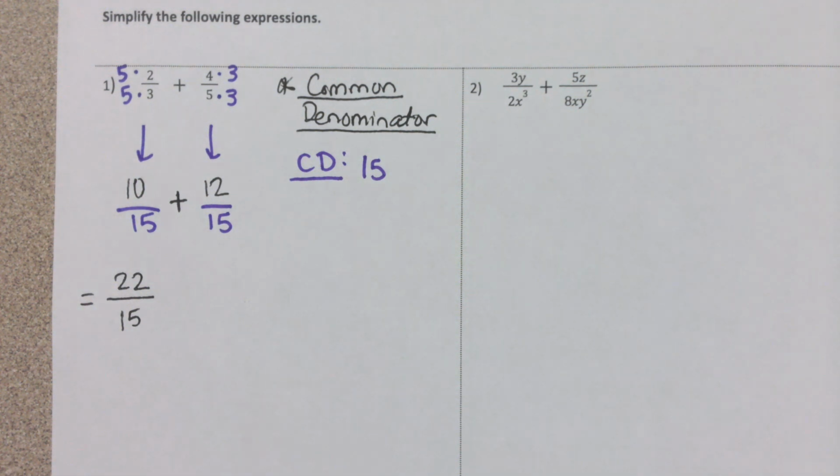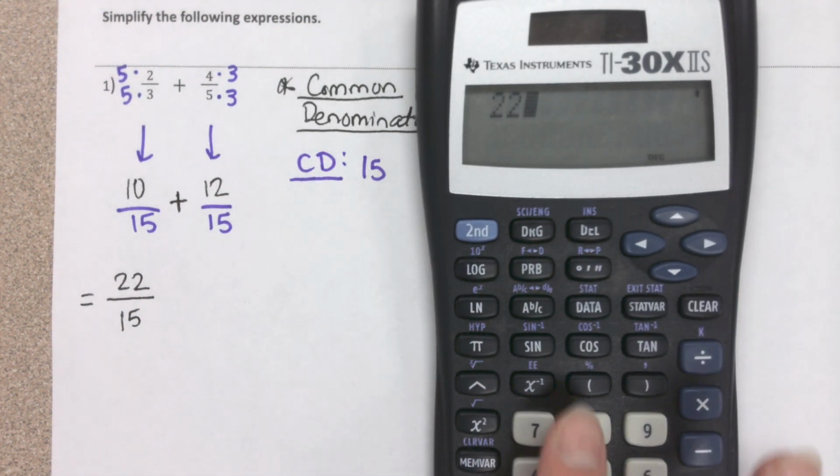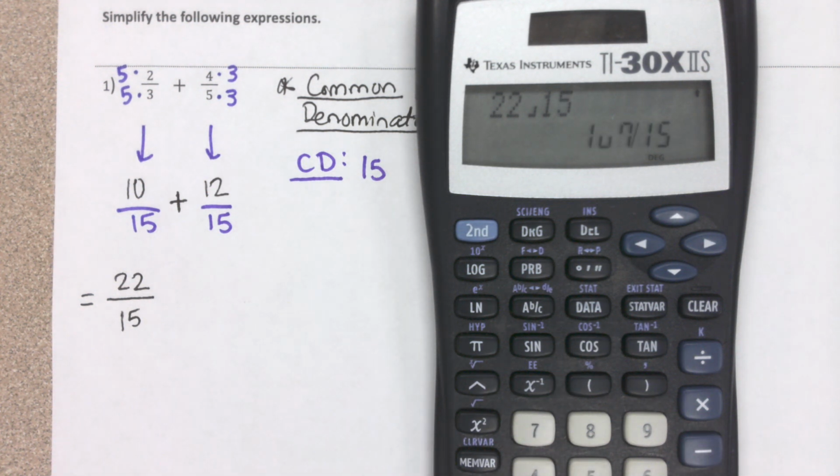One last step, just to make sure that we can't reduce this, we can use our calculator to check for that. That's just with our ABC button. 22, ABC, 15. And it's going to give me that mixed number first, so we're going to have to convert it. Second ABC, if you have the white calculator, it's shift ABC.